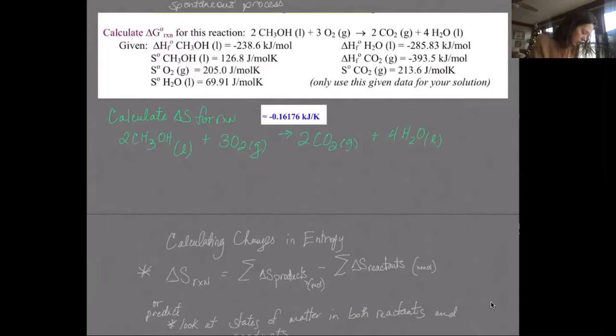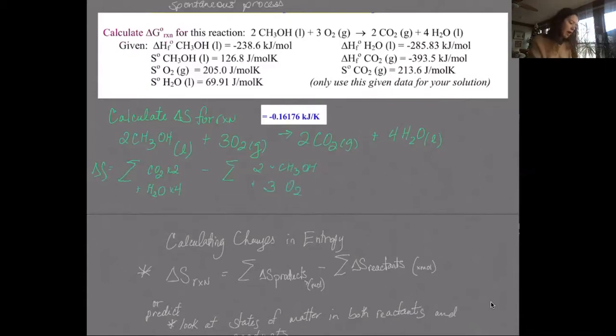Okay, so let's get the sum of the entropy of our products. Well, that's the CO2 times 2 plus the H2O times 4 minus the sum of the entropy of our reactants. Well, that's 2 times the CH3OH plus the 3O2.